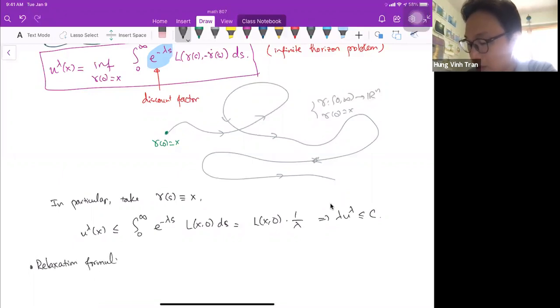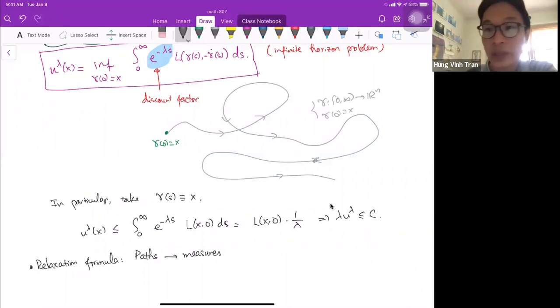A relaxation formula along the line of reducing it, instead of considering paths, you would consider just measures. So relax from paths to measures. And it's a very convenient way.